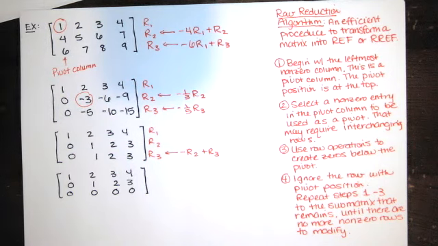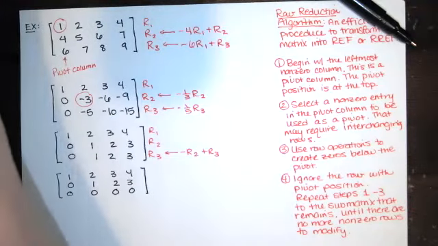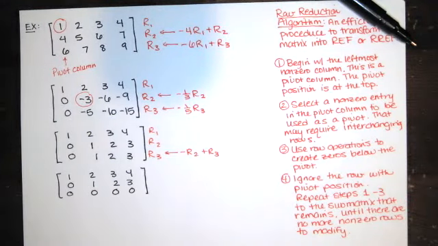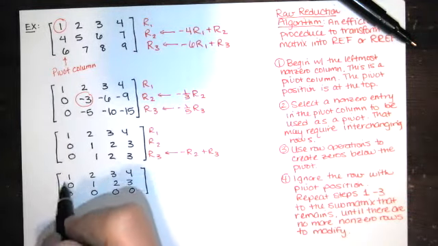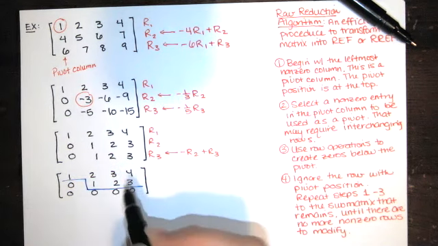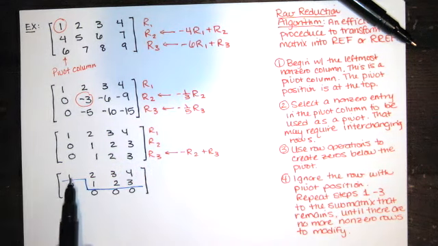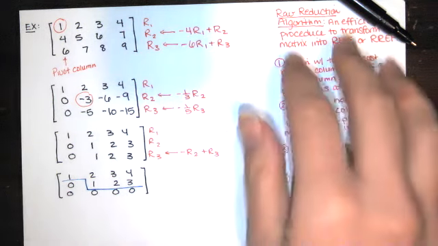Okay, and I believe we are now in echelon form. We've got that stair-step pattern. Looks like this. We have a leading entry here, a leading entry here. We've got zeros below that leading entry, so that's good.